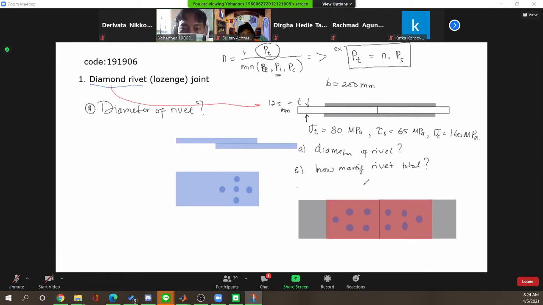Why? Because we can remove this, and only this plate we have. Then we can put the load here, for example, P.